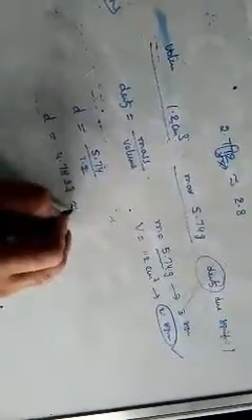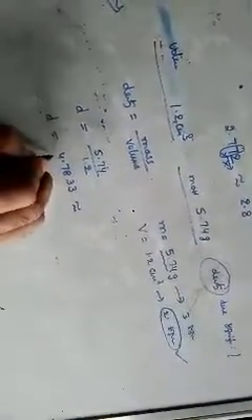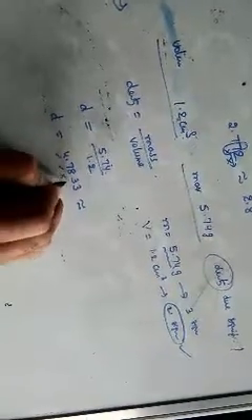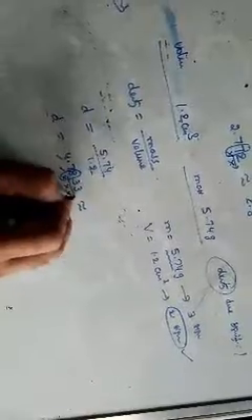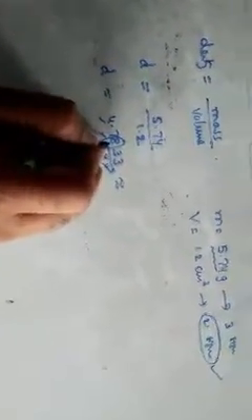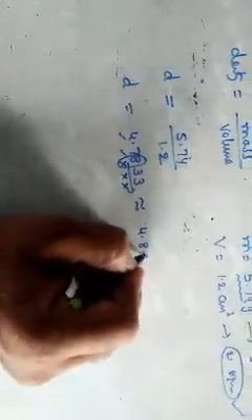I need only two significant figures. 4 must be there, 7 must be there, this 8 and 3 I don't want. 8 is more than 5, so the preceding must be increased by 1. So this is 4.8 gram per centimeter cube.